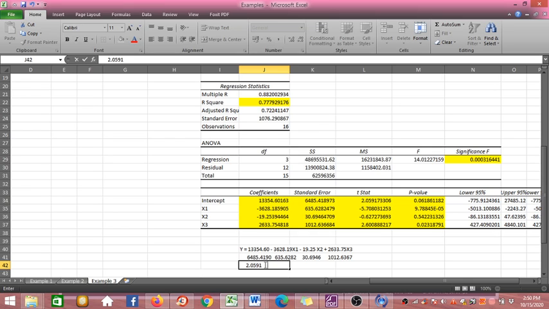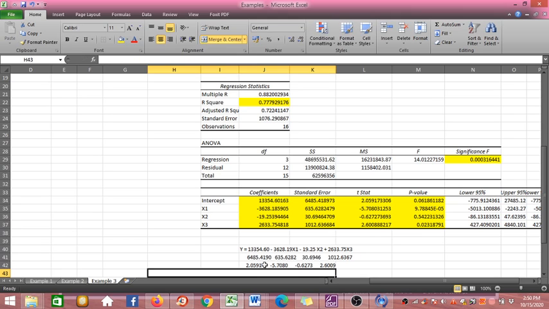Now is the t-stat, so 2.0591, and then negative 5.7080, and then negative 0.6273, and then 2.6009. Okay, so let's check: 2.0592.